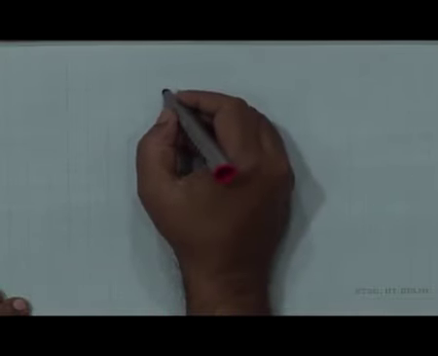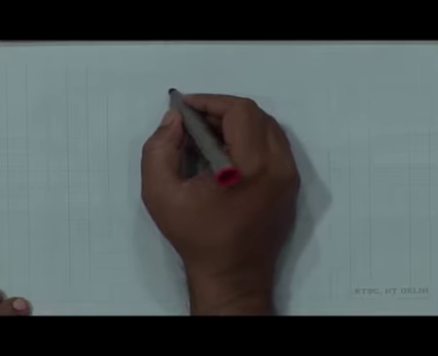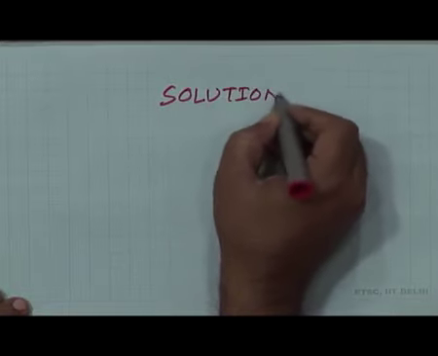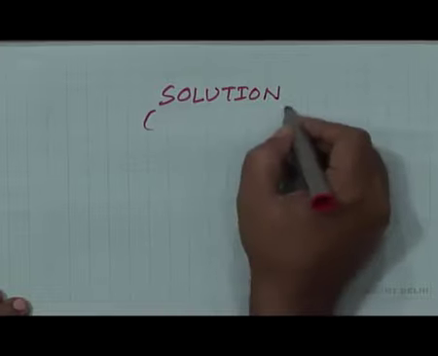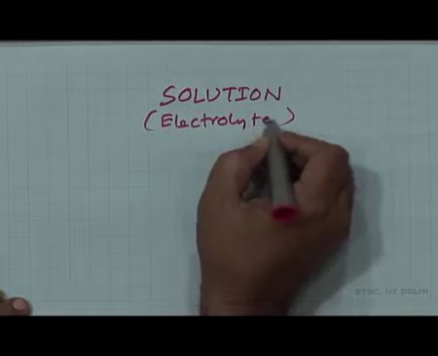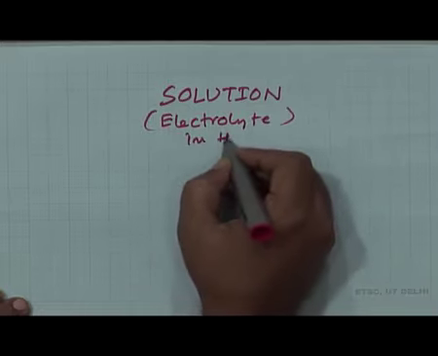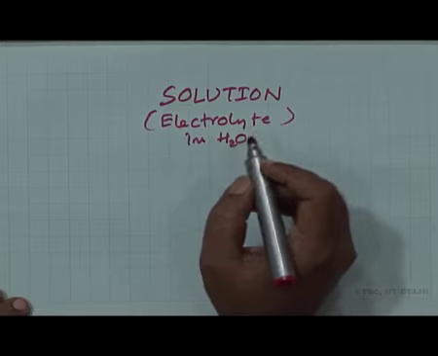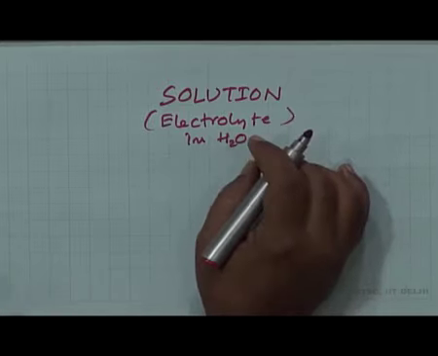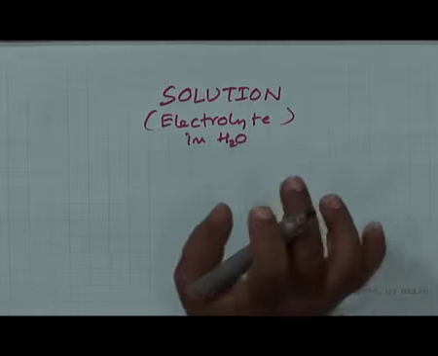So, first, how do we know whether a particular solution is acid or base? If I take a solution, which is basically a salt or any electrolyte in water, when will it be an acidic solution, when will it be a basic solution?